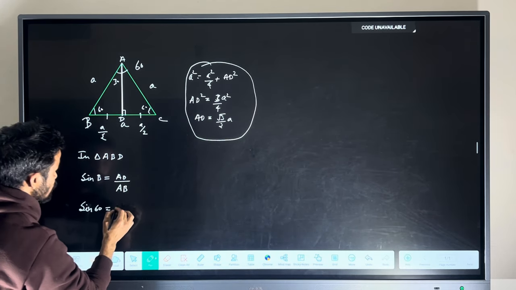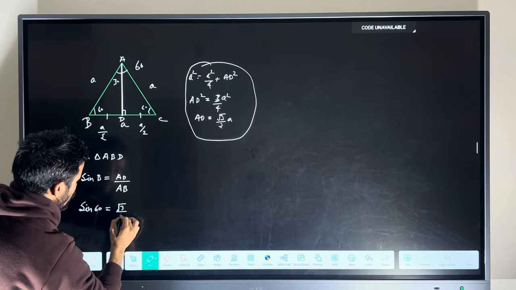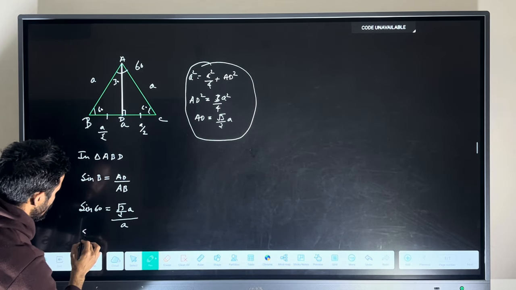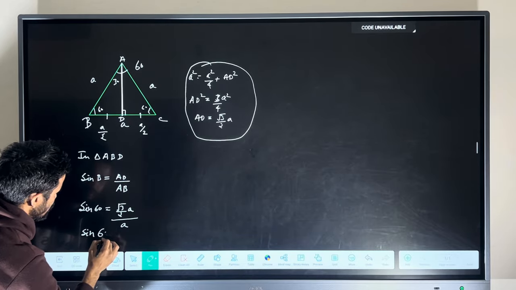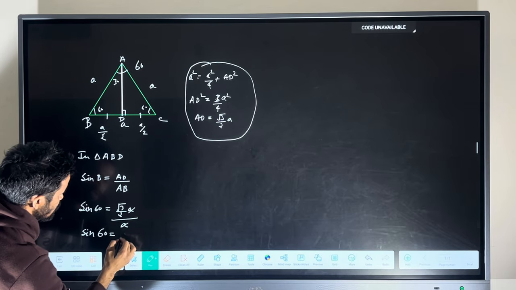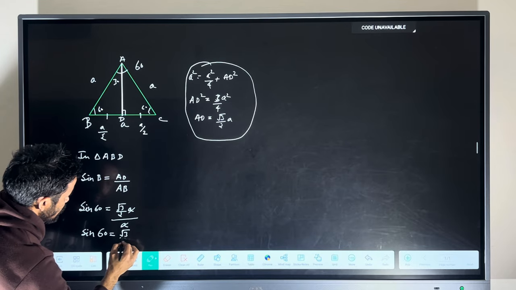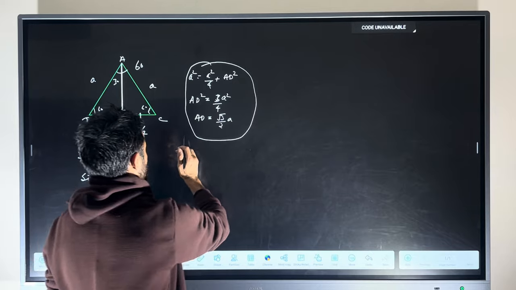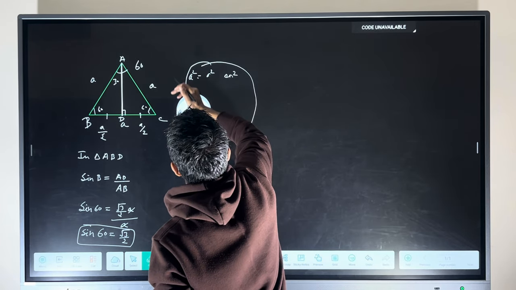Now AD is root 3 upon 2 A and AB is also A, so sine of 60 is equal to root 3 upon 2, as A and A cancel out. So we have found the value of sine 60.